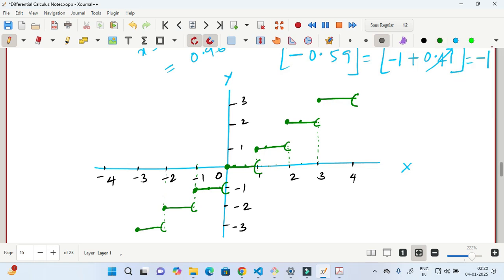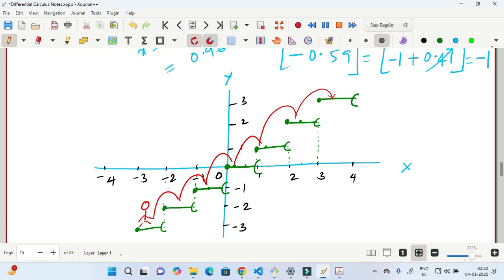If you are standing here, it is like a step function, na? These are all like steps, na? Yes or no? So this function is known as the greatest integer function.